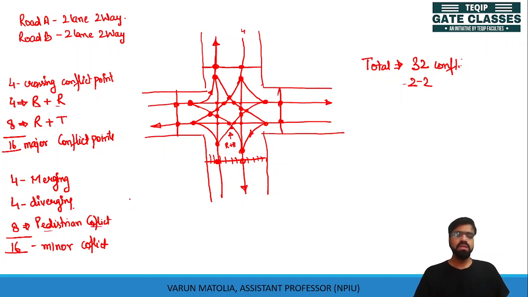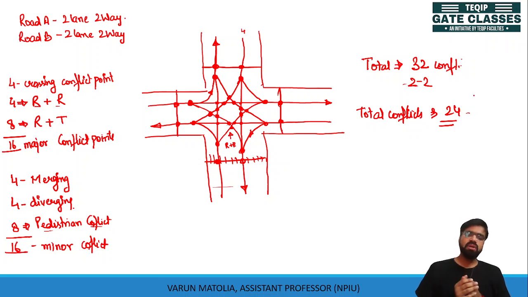Whenever you are doing a question and the pedestrian conflict points are not specified, generally we take the total conflict points as 24. If the pedestrian conflicts are mentioned in the question, you will mark the total conflict as 32. If nothing is mentioned, you will mark the total conflict point for this condition as 24.